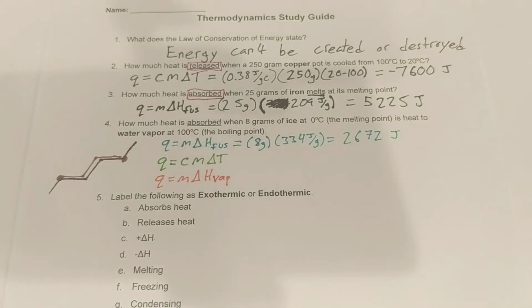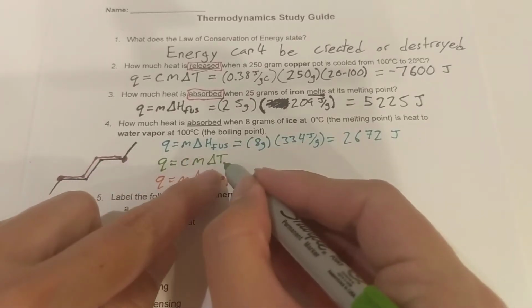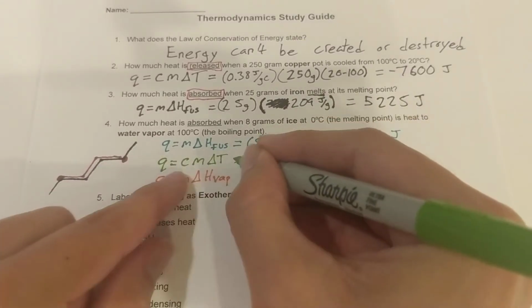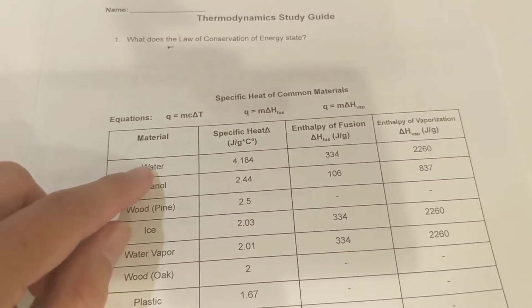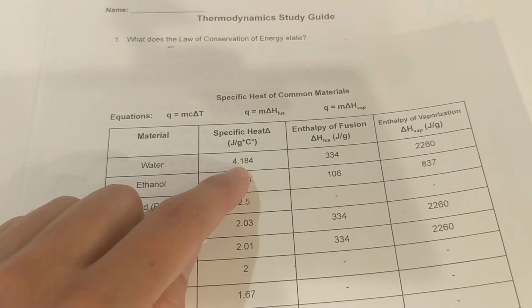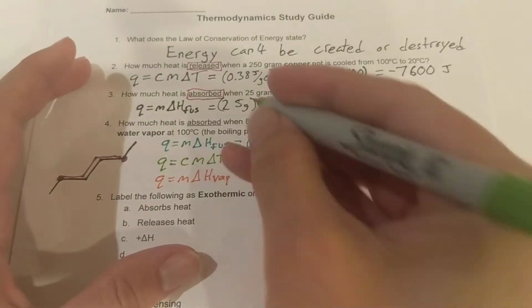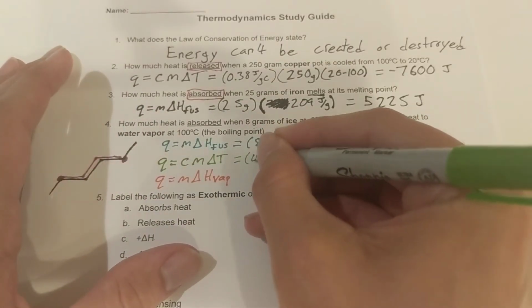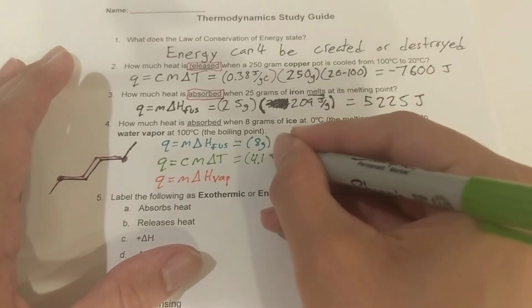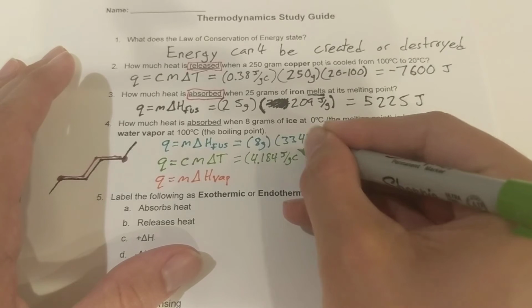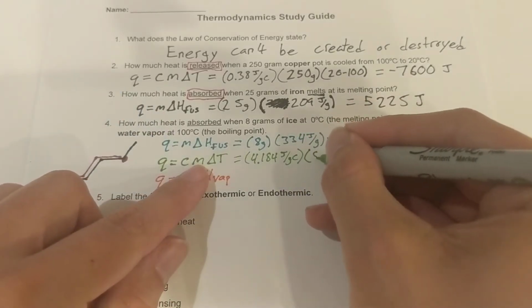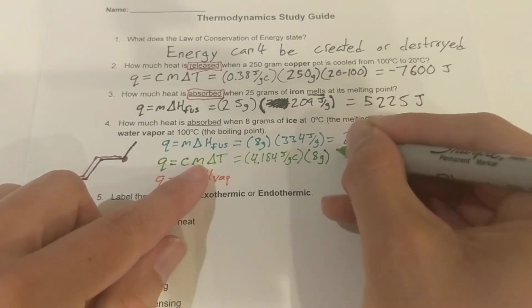Now let's figure out the energy it took to heat up and increase all that temperature. So we need the specific heat of water. So again, let's look at that table. Water specific heat, 4.184 joules per gram Celsius times the mass, 8 grams. Mass has not changed.